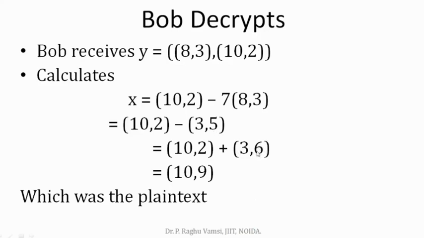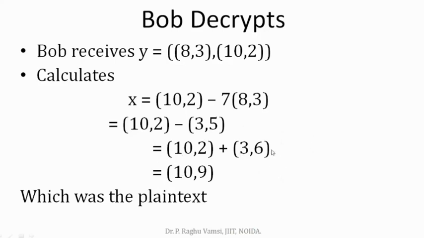Whenever this subtraction is done, here it will become plus. Instead of minus, it will become plus. We know the P plus Q formula that we will apply, and we will check whether x1 is not equal to x2 and y1 is not equal to y2. Then we have a standard formula for calculating the slope and the x3, y3 values.